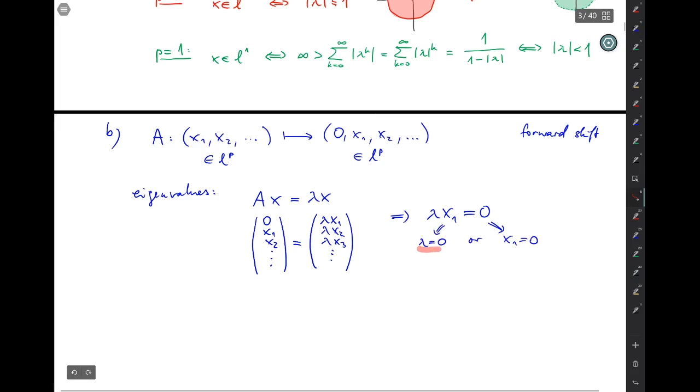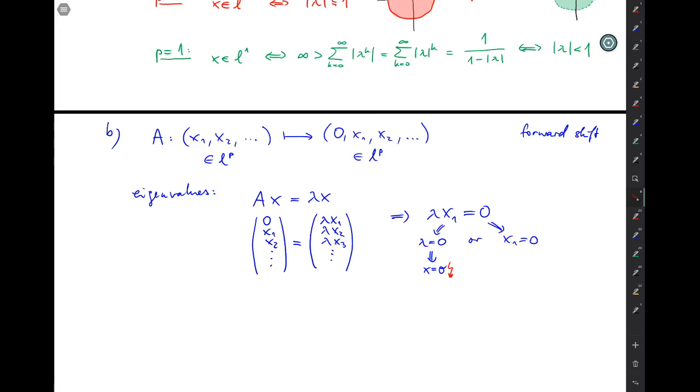In the first case, if lambda is 0, then this whole vector on the right here would be 0, which means everything on the left would have to be 0, but that includes all entries x1, x2, and so on, which means that your whole input vector x is the 0 vector. But that doesn't count as an eigenvector. It would be just too simple, so we're not allowing this case here.